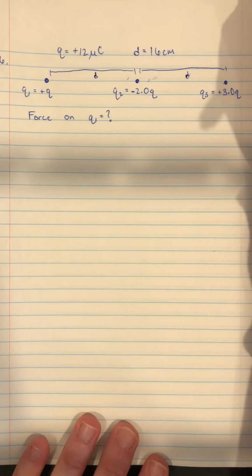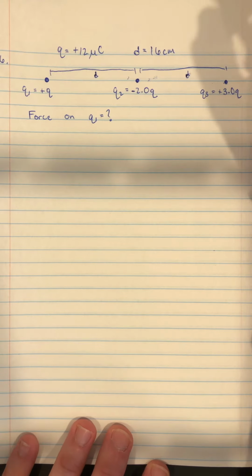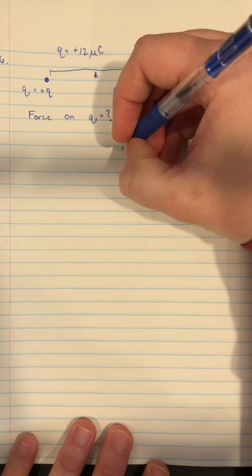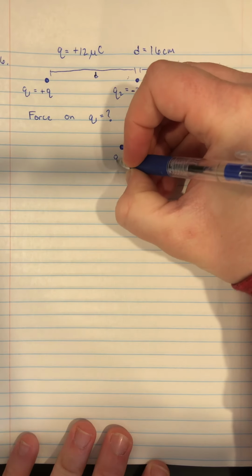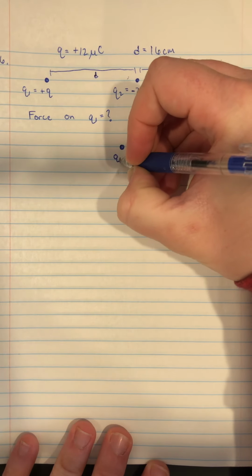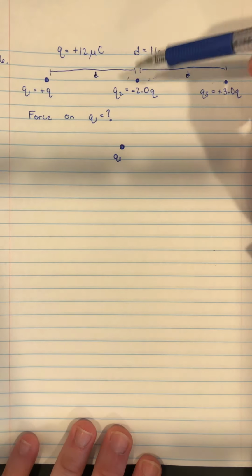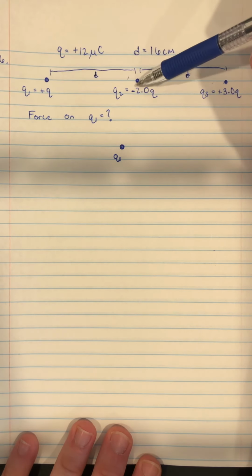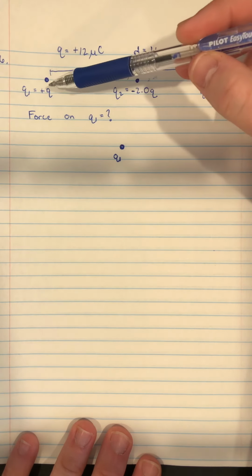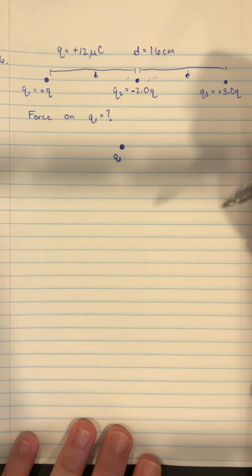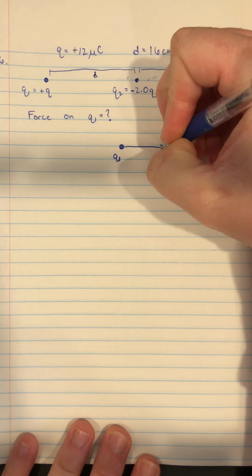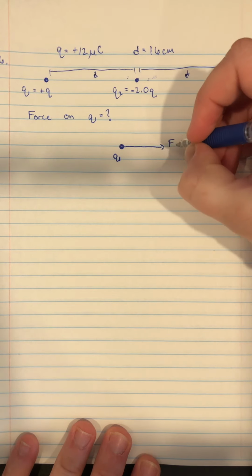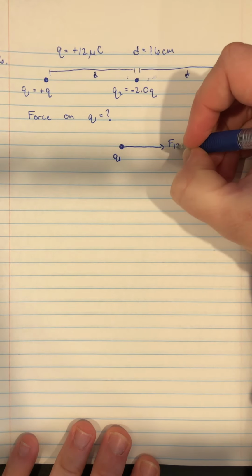All right, so we want to find the force on Q1, so I'm going to draw a little picture here. Let's talk about what forces are acting on Q1, just the direction first, so we know what we're doing. So if we talk about Q1 and Q2, negative, positive, there's going to be an attractive force that way, so we should get a force this way. That's going to be the force on charge 1 by charge 2.